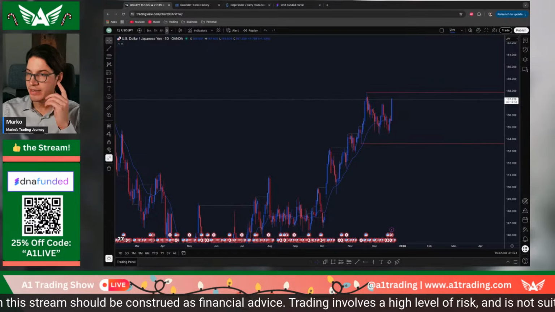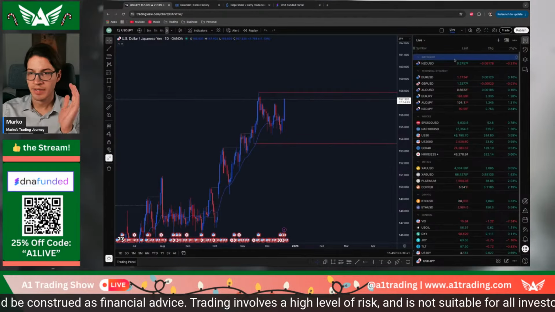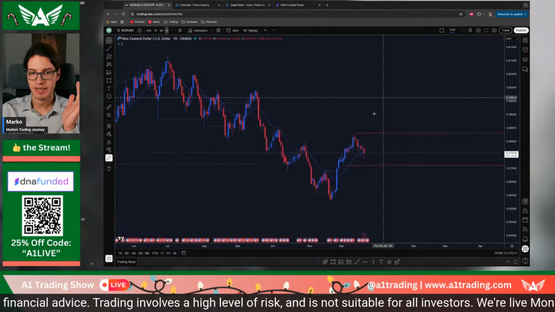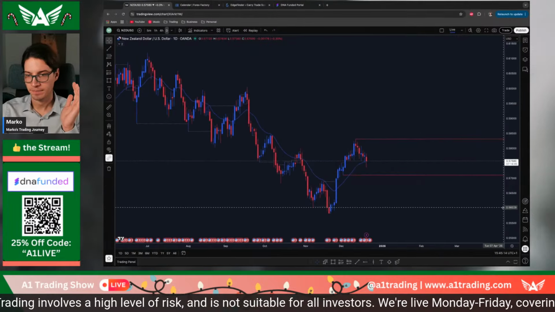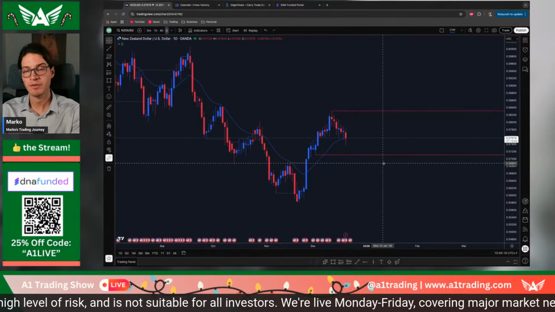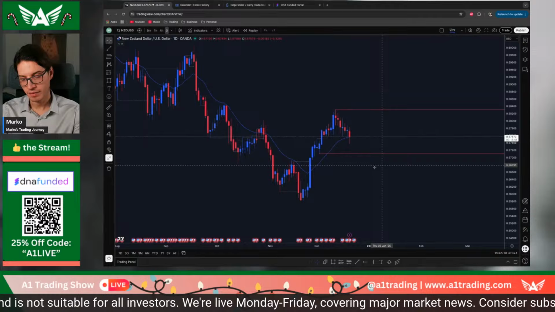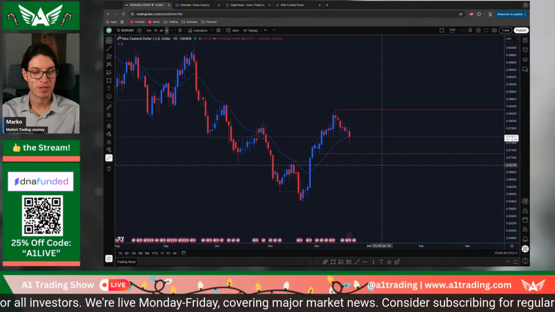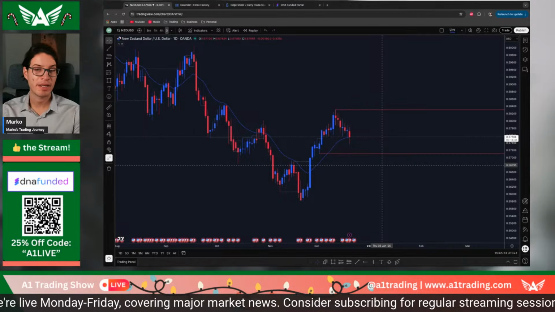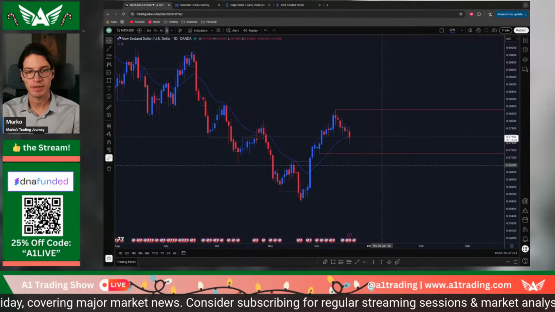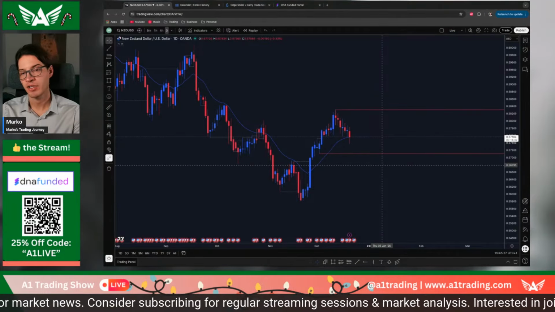So NZD/USD, a deeper dive for NZD/USD is basically this. The New Zealand dollar, the RBNZ, Central Bank of New Zealand, they flipped from being dovish to being hawkish. Dovish is bearish for the currency, hawkish is bullish for the currency.